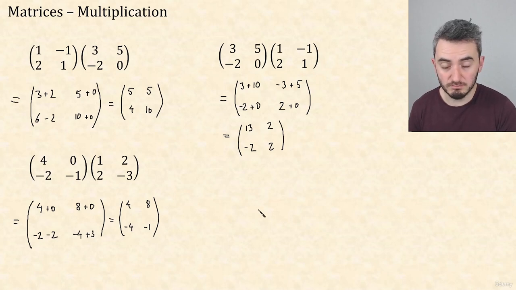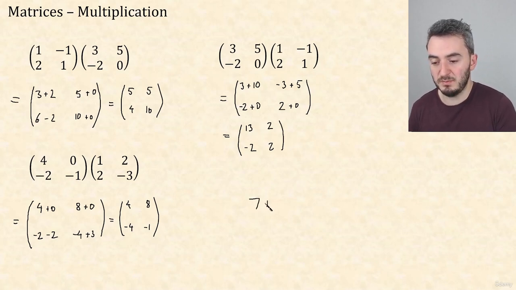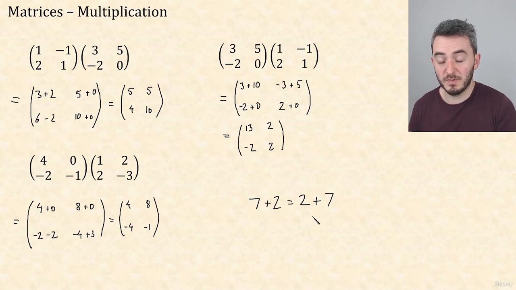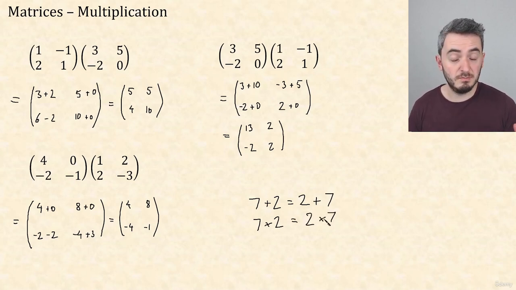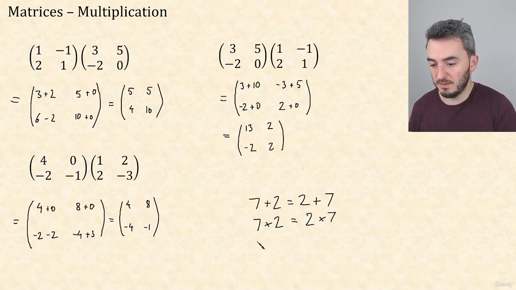For example, addition with numbers is commutative. 7 plus 2 is the same as 2 plus 7. Multiplication with numbers is commutative. 7 times 2 is the same as 2 times 7. But not everything is commutative. Subtraction is not commutative. So 7 minus 2 is obviously not the same as 2 minus 7. And division is also not commutative.